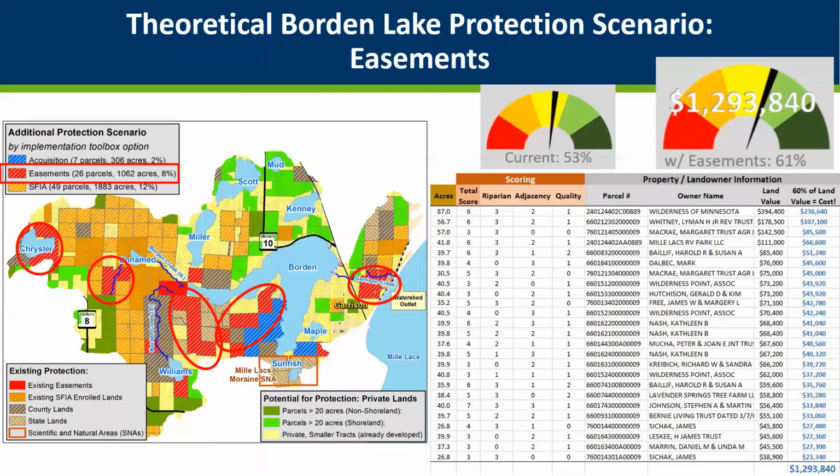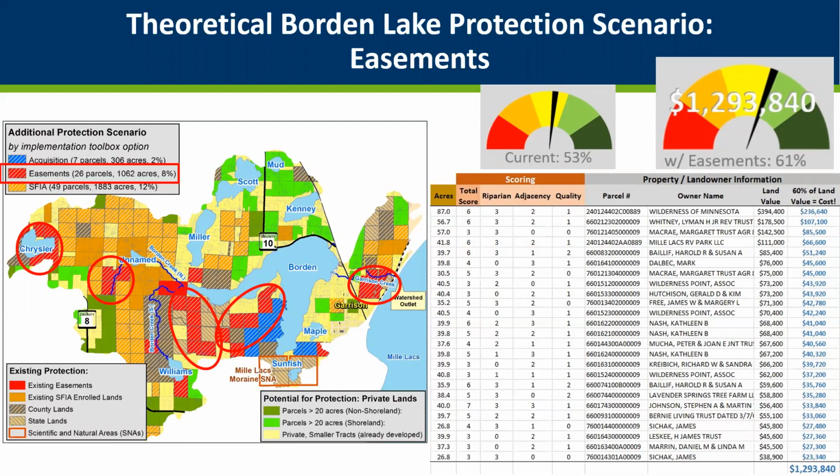Next slide. So they're trying to do this quickly. I don't want to take too much time. Keep moving. Let's look at a theoretical application of all these put together. So we're looking at protection scenario easements. And you can just see Mitch Brinks here, our GIS guru, just put, let's say we got 8 clicks from 53% to 61% with landowners who wanted to do easements.